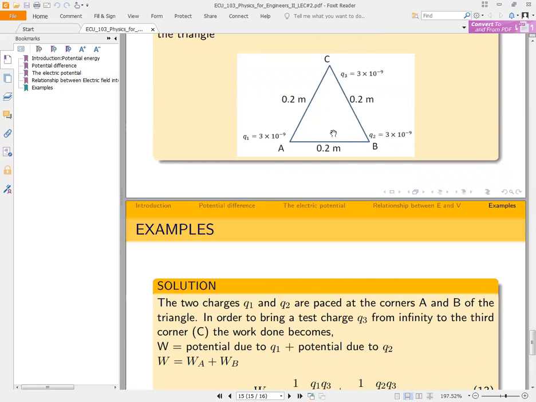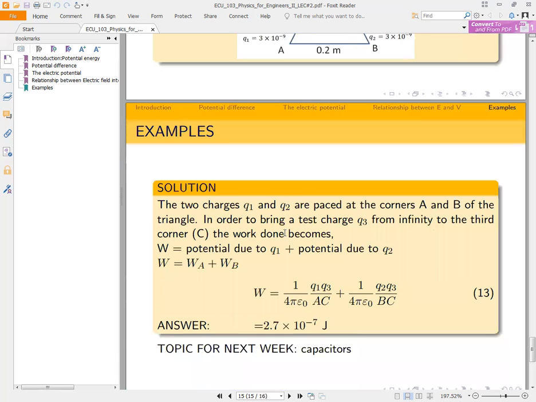And then, because work done is not a vector quantity, it does not have direction. Whatever magnitude you get between A and C and between B and C, you simply add. You do normal addition because work done is not a vector quantity.